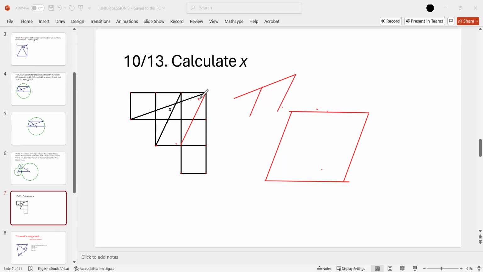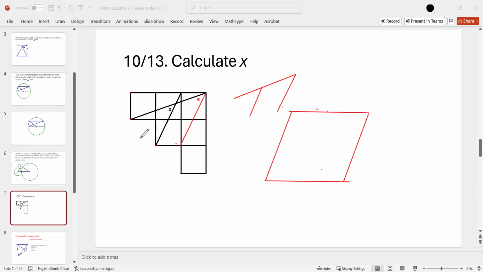This angle here will be X, because you got an F here, there, coming down, another one down there. So you got F angles, and F angles are corresponding angles. So that is X.